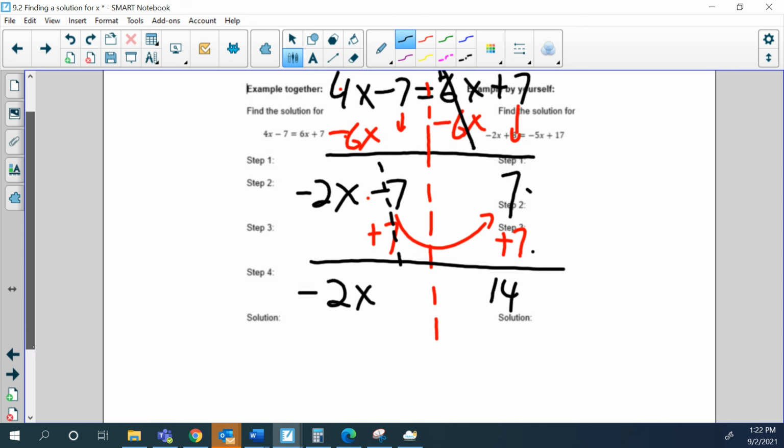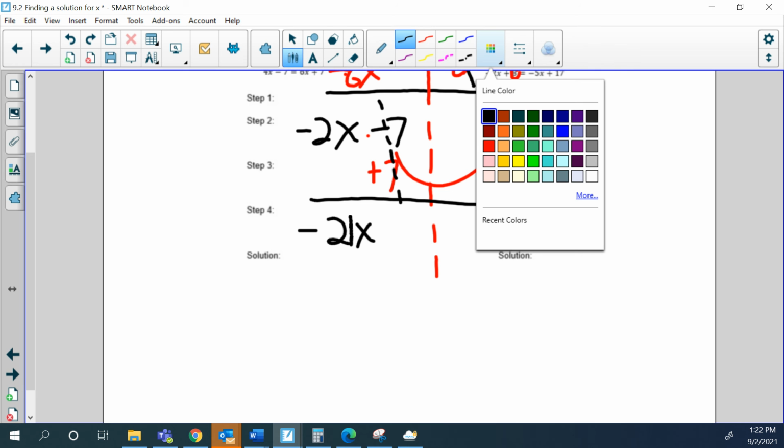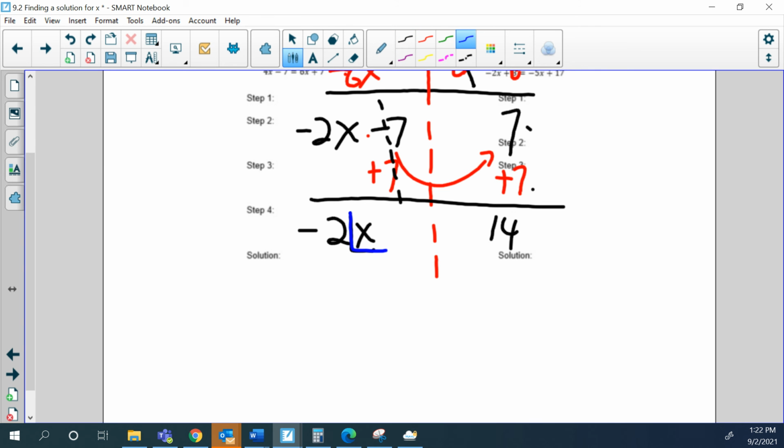Almost there. Now I have negative 2 times x. This is a multiplication right here, right? Oops, I used the wrong color. I need to get x by itself, but it's been multiplied by negative 2. To undo the multiplication, I'm going to divide by negative 2 here and also by negative 2 here.